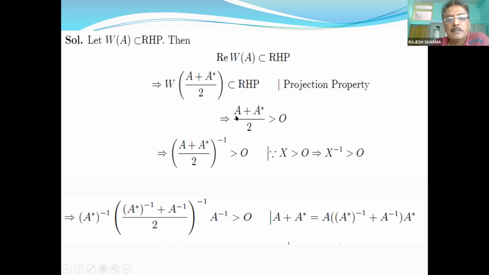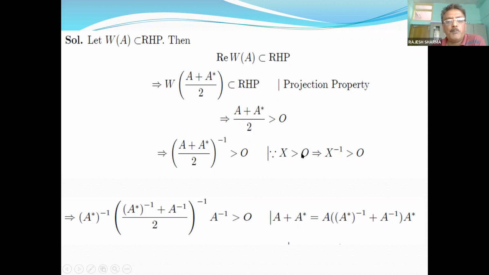This implies (A plus A star)/2 is a positive definite matrix. Because this is already Hermitian and its numerical range is in the right half plane, all its eigenvalues are positive. So this is a positive definite matrix.